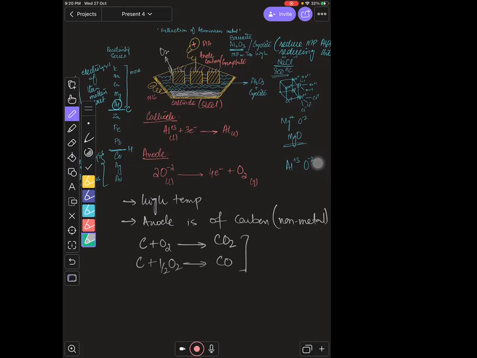These two are other possible products at the anode, so you need to remember this. These gases can also be formed at the anode because carbon is reactive, oxygen is highly reactive, and the temperature is too high, just to melt aluminum oxide. That is why we need to change the carbon anodes after a few times. Okay, bacho?